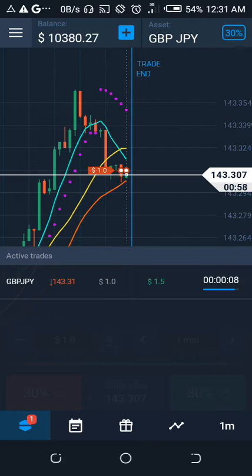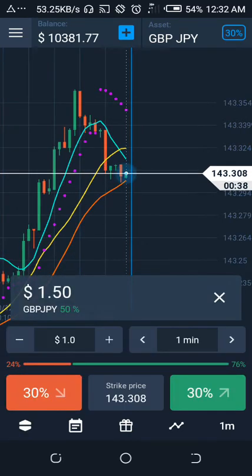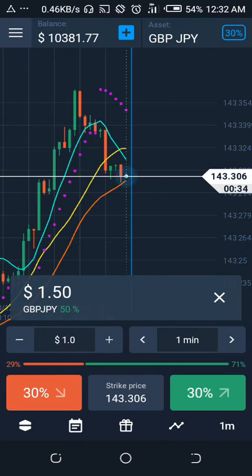So our SMA yellow and green face downward, then we execute a trade. We just won the trade.